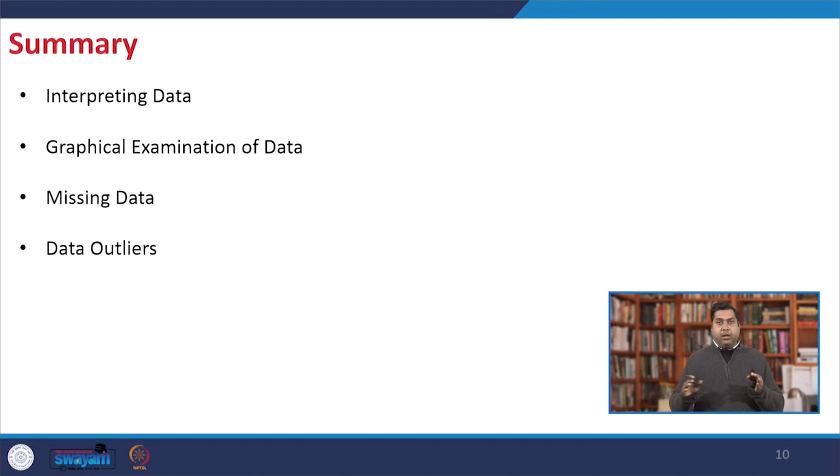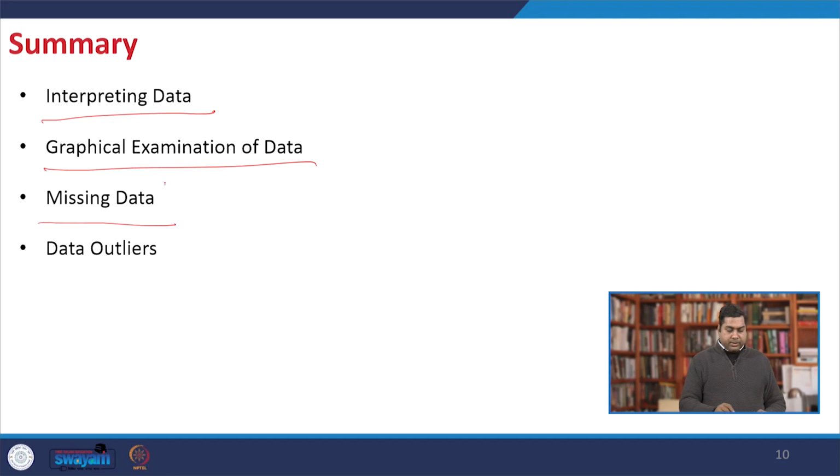So with that we conclude this lecture, where we understood the role of interpreting data before going for formal analysis. Graphical examination through frequency diagrams like the histogram or stem-and-leaf diagram, a scatter plot, or a box plot, where we can discuss the minimum value, maximum value, median, etc. We also discussed the role of missing data and what to do with it, and then data outliers, which also play a significant role in altering your results.